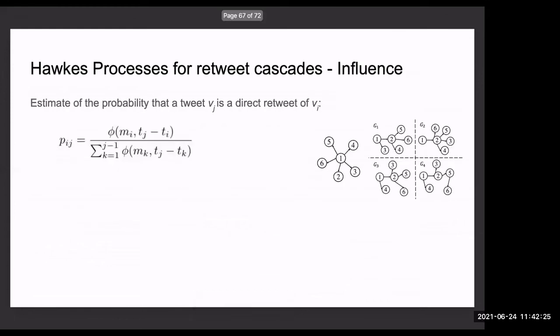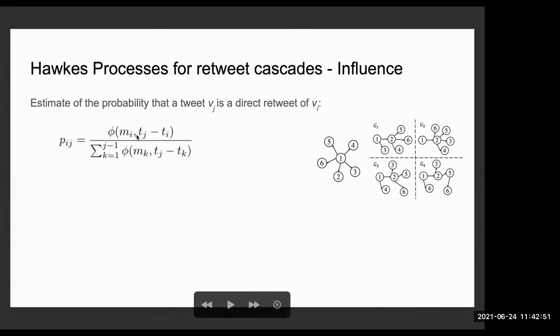And we do this simply by looking at the kernels. Let's say we look at tweet number 2 and tweet number 3. Then we have the probability that tweet number 3 is a direct retweet of tweet number 1.